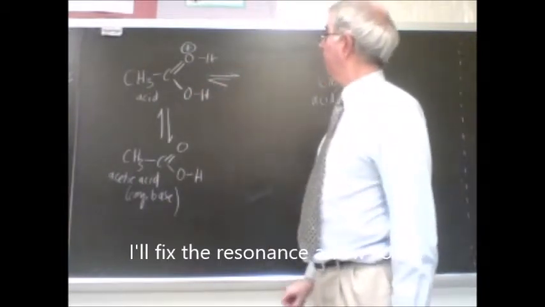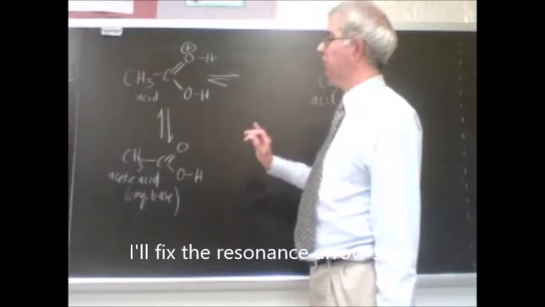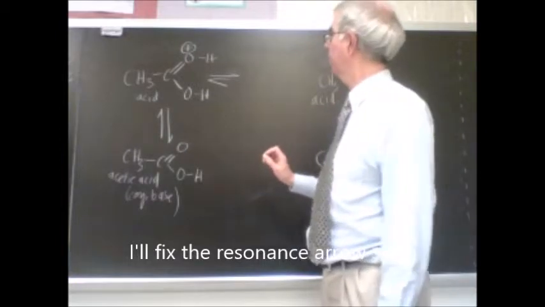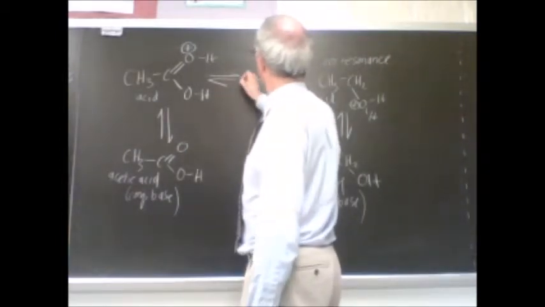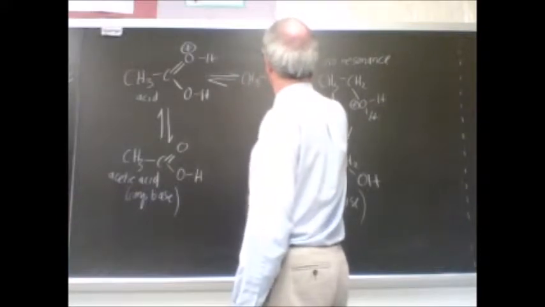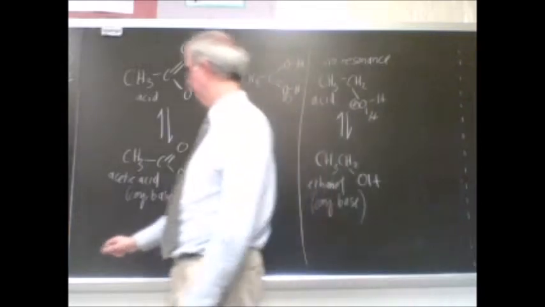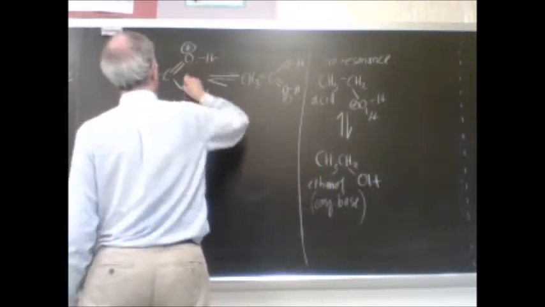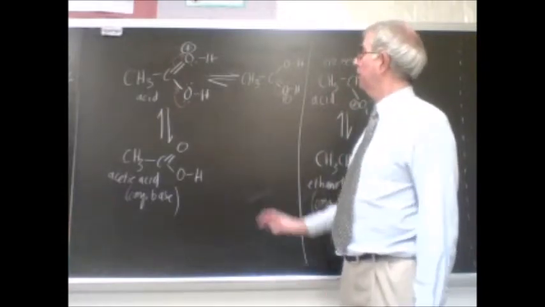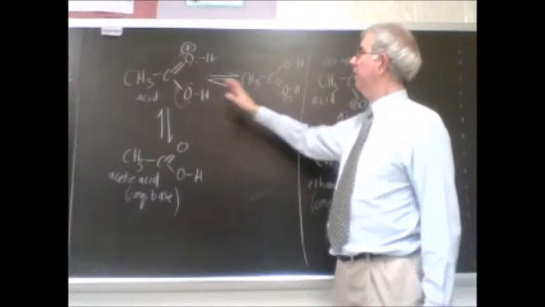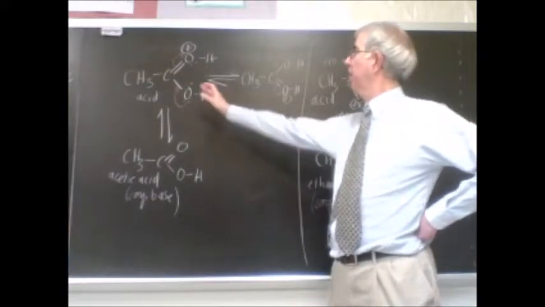I could actually do some type 3 resonance, but I'm going to just focus on the type 4 resonance, which is going to be the main type. And if you want the arrows for that, that's how it goes. So again, the acetic acid version can do resonance.